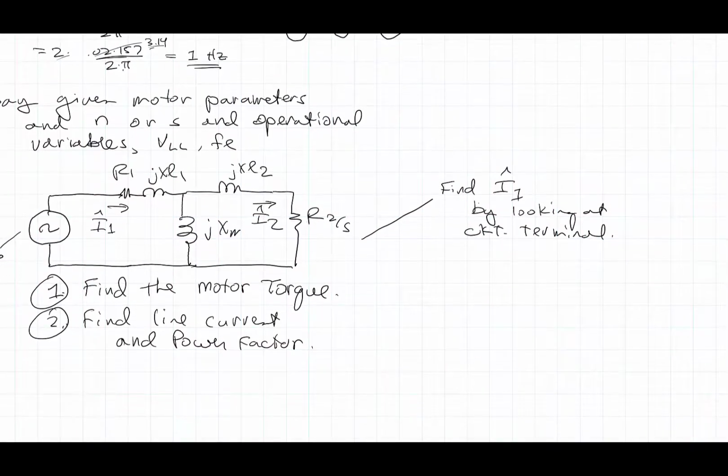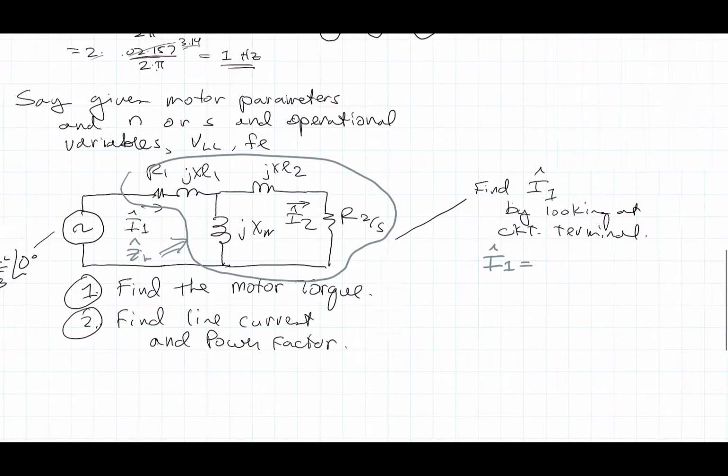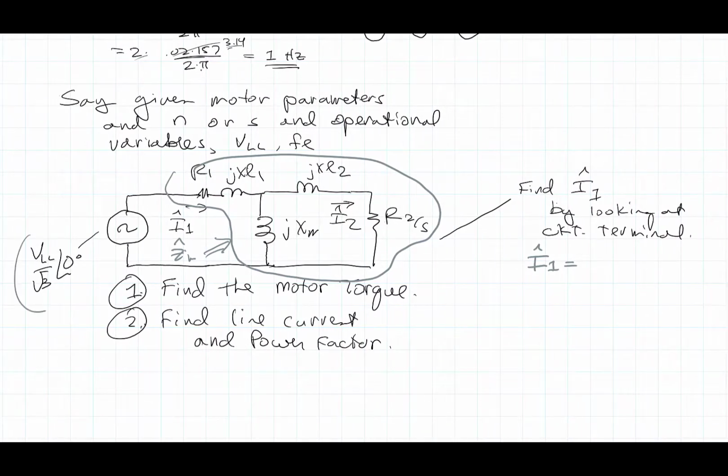We essentially take this whole circuit right here and reduce it down into an input impedance, and we would say that I1 is equal to V1 divided by Zin.